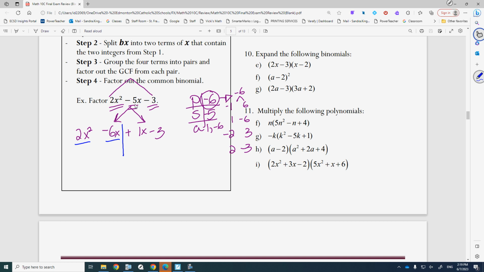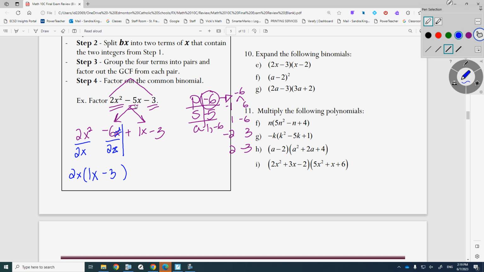A 2. Anything else? You could take out an x, because you've got x to the 2 and x to the 1. Your GCF would be a 2x. Do the division. 2 divided by 2 is 1. X squared divided by x is x, minus 6 divided by 2 is 3, and your x's would cancel.